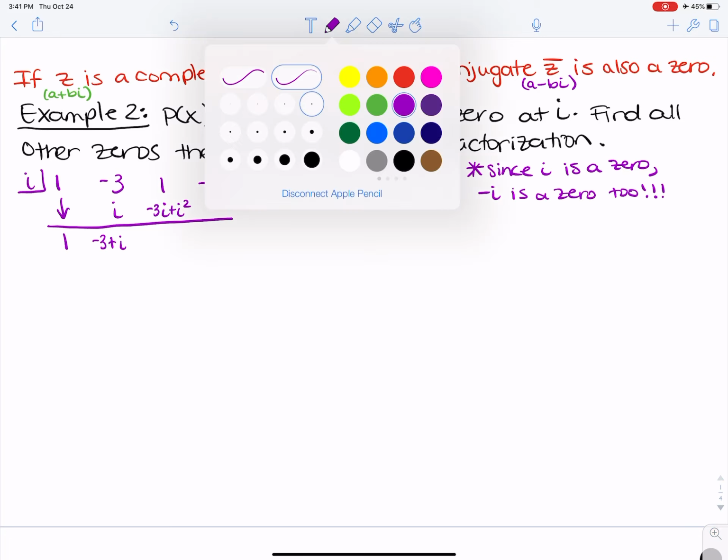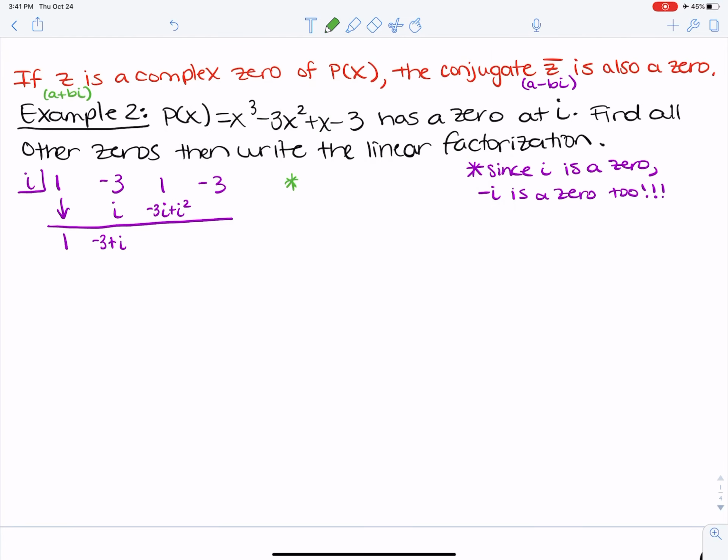But remember, i squared equals -1. So we want to rewrite this to be -3i minus 1. And then remember what I told y'all last video, real with real, imaginary with imaginary. -3i has no other imaginary number to go with, and the ones cancel out. And so our final answer is -3i.